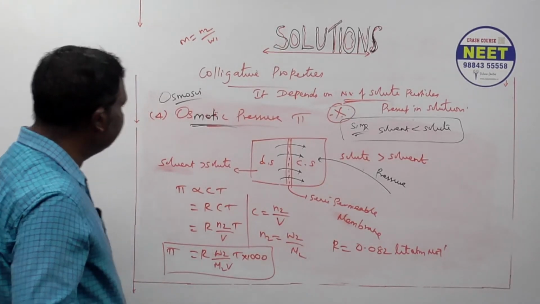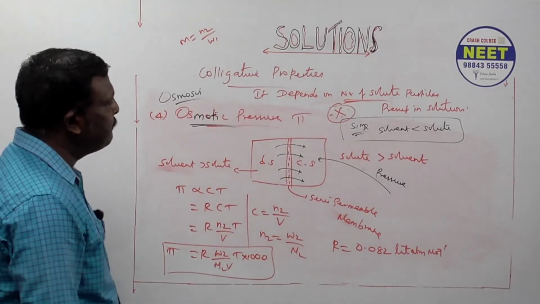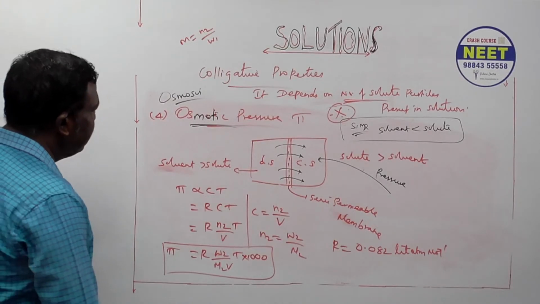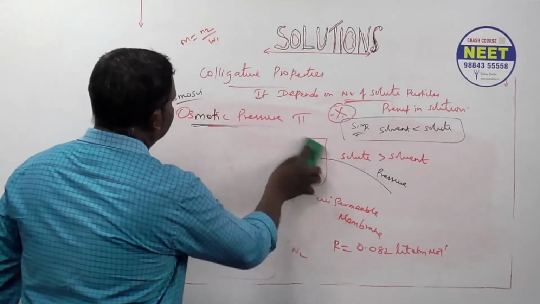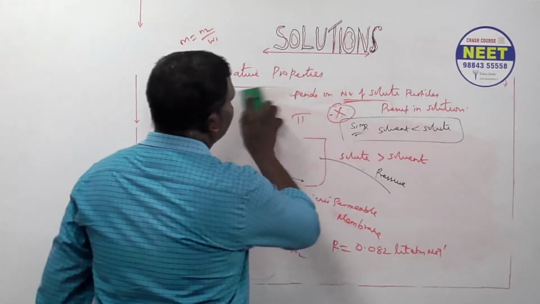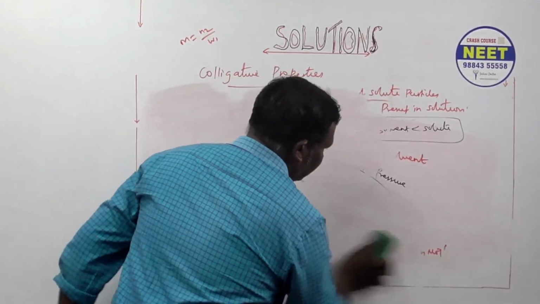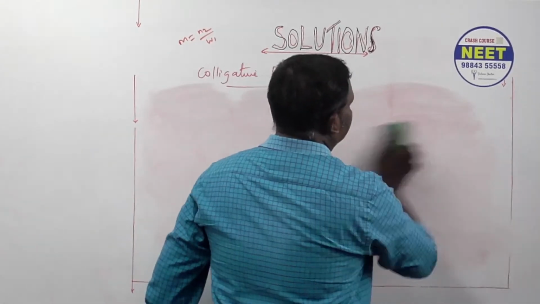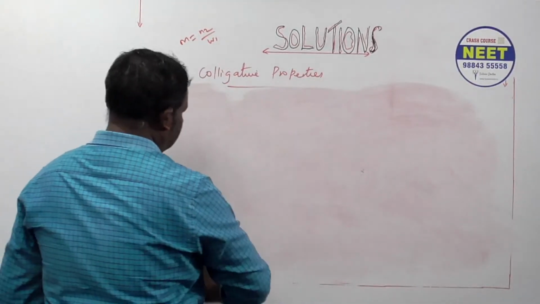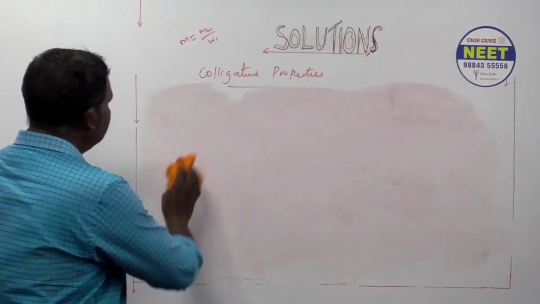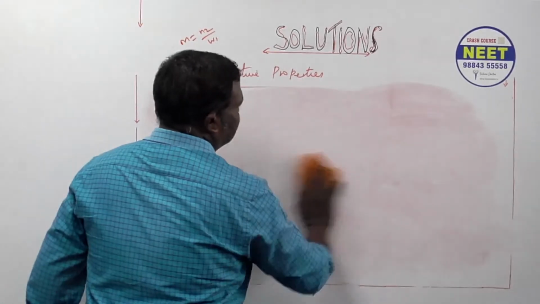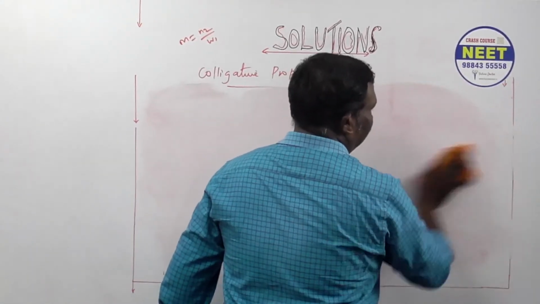You following? So we completed colligative properties. The four properties we completed, isn't it? Based on these you'll be getting one sum, any one formula.